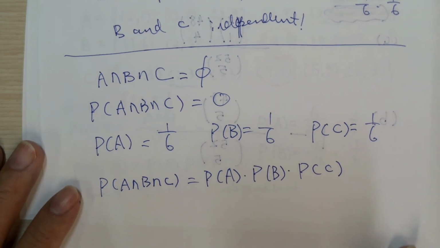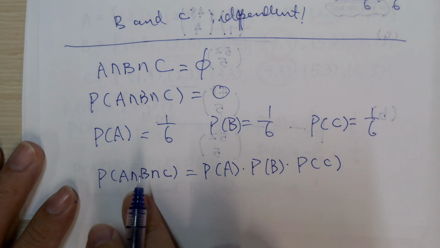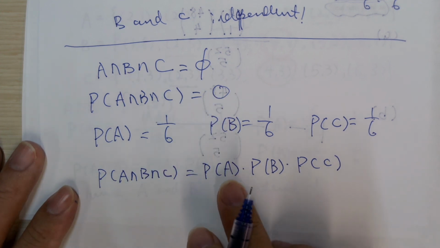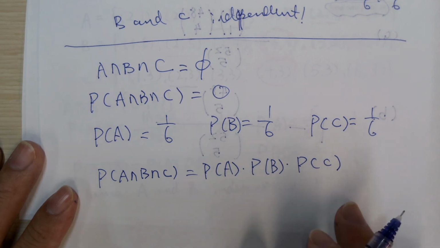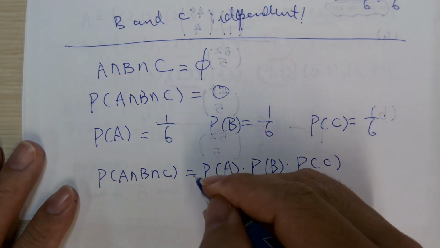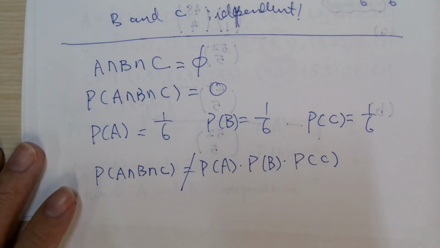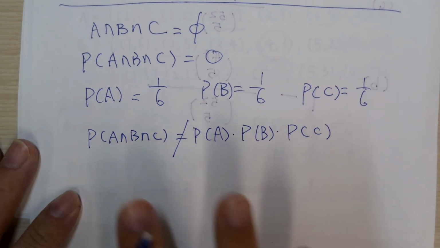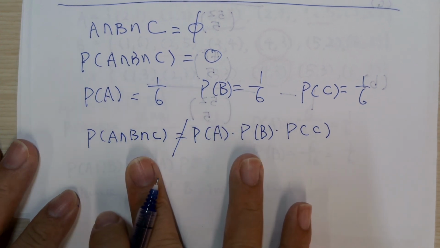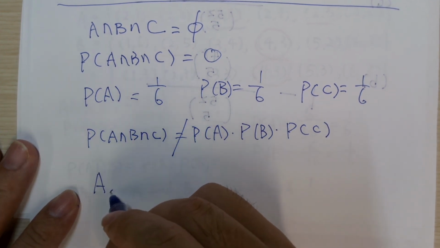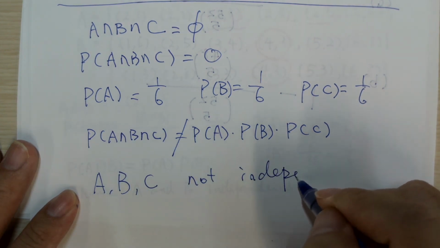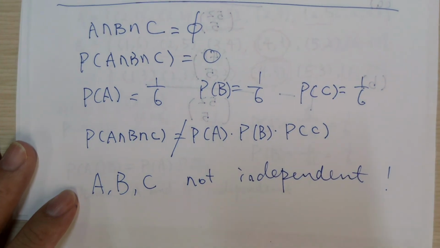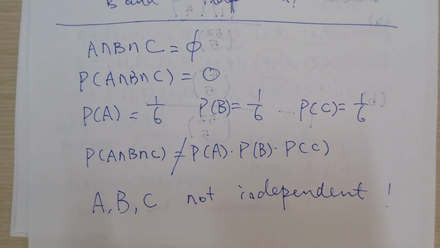But as you realize, this side equals 0, but this part is 1 over 6 times 1 over 6 times 1 over 6, which is 1 over 216. So in other words, this is not true. Hence, since this equation does not hold, we can see that A, B, and C are not independent. So that finishes this example.